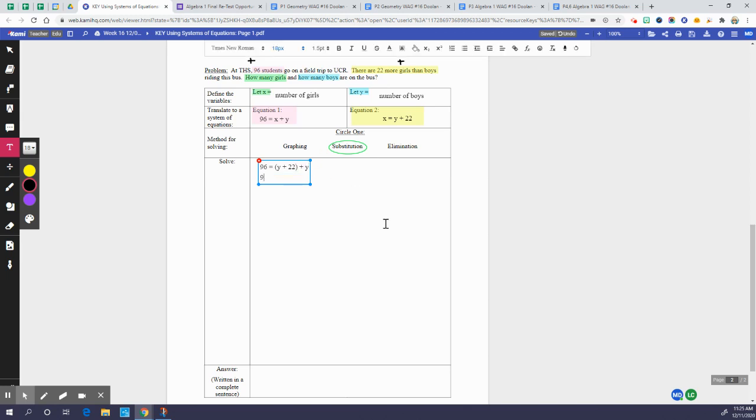96 equals, I have y plus y, so that's 2y plus 22. And now I'm going to do the same thing to both sides of the equation. I'm going to subtract 22.